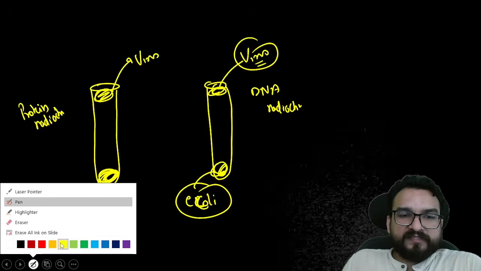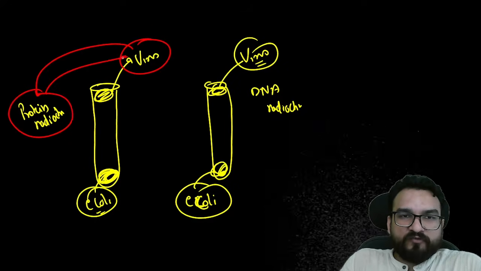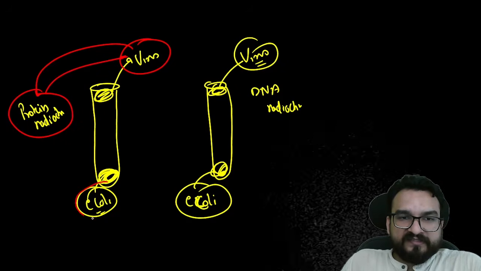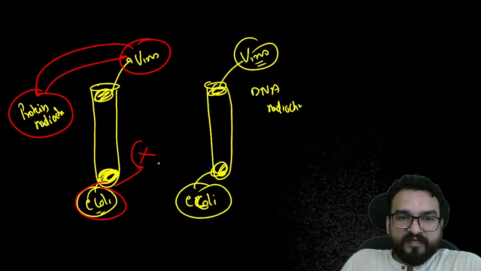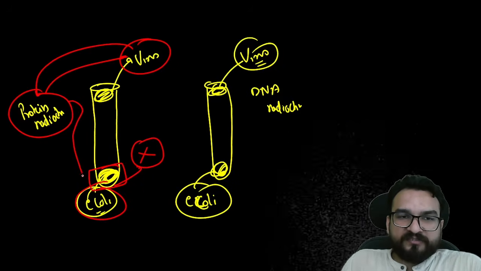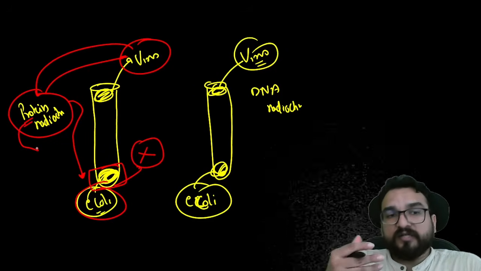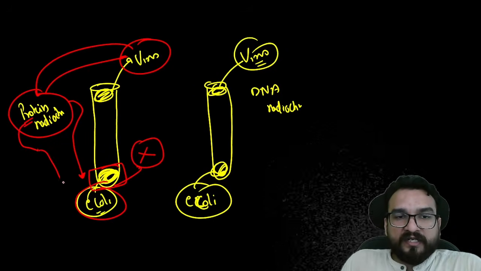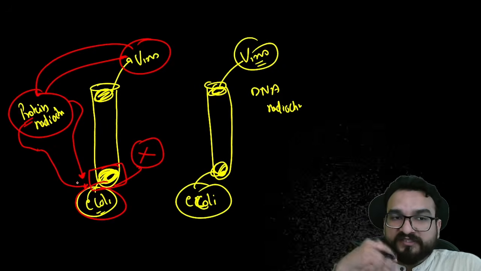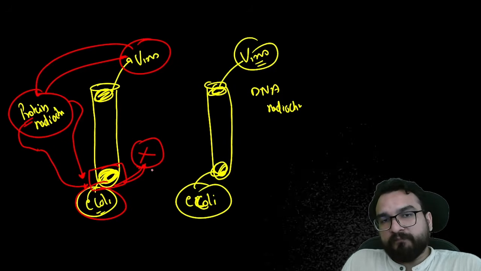Okay, so what you will be seeing, guys, is that for the virus which had radioactive protein, you will find that the E. coli was not having any radioactivity present in it. That means the protein does not transmit. If protein would have been transmitted to the E. coli, then the E. coli must have had certain radioactive protein coating in them.